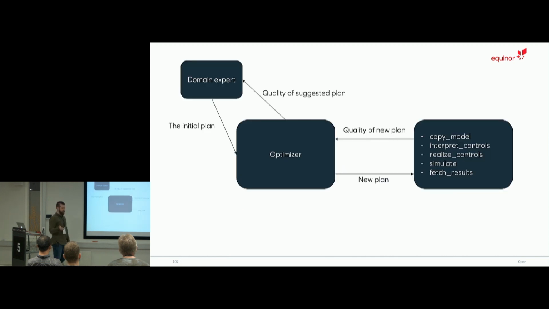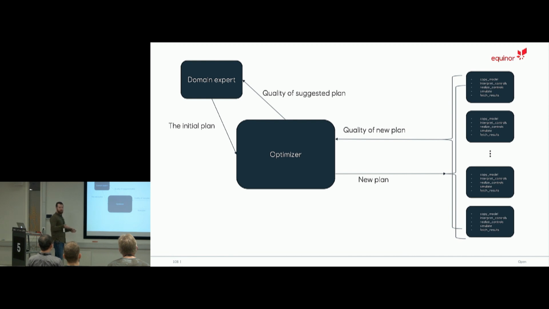And as we've seen, our solution to this is ensembles. So now instead of simulating a single model and not taking the uncertainty into account at all, we're going to simulate a full ensemble. And now you might be thinking, yeah, that's nice, and then you can take the average or some kind of function on top of all of these ensemble members and use that as your objective function.